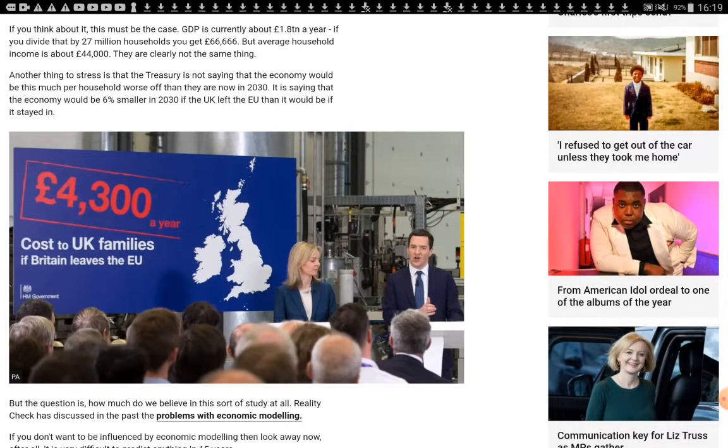But the problem is this relies on economic forecasts, and it's simply an exercise in absurdity to try and put a figure on GDP in 15 years' time.